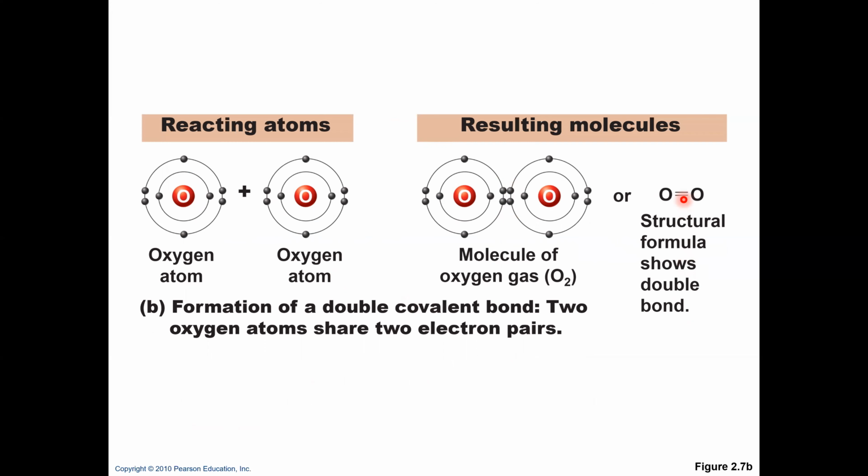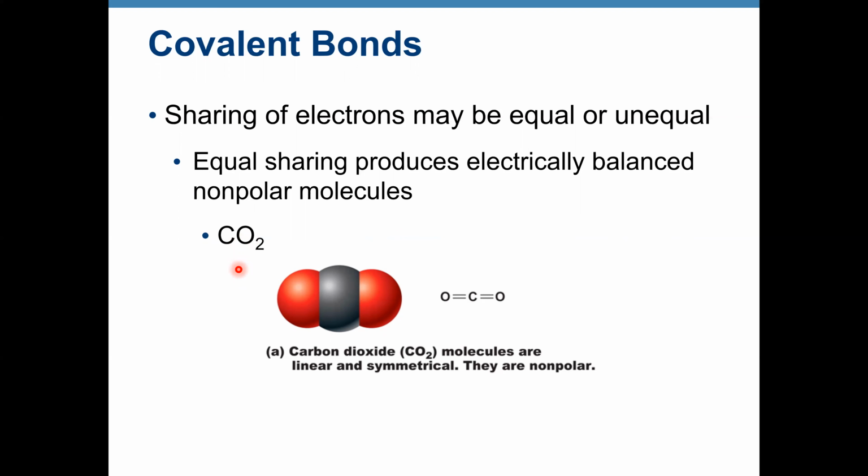When atoms share electrons, when they form covalent bonds, this sharing may be equal or unequal. Equal sharing produces an electrically balanced non-polar molecule. An example would be carbon dioxide, CO2. Carbon and oxygen are really similar in their electronegativity, so they attract electrons with a similar force, right?